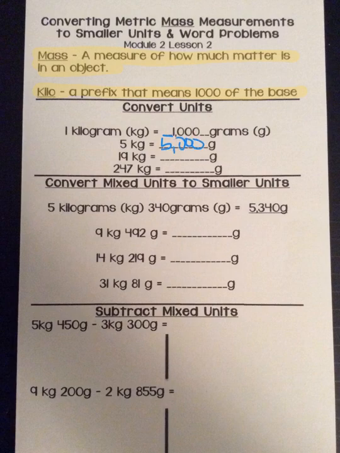How about 19 kilograms? You guessed it, 19,000. 247 kilograms is going to be 247,000 grams. All right, we're only going from kilograms to grams today.